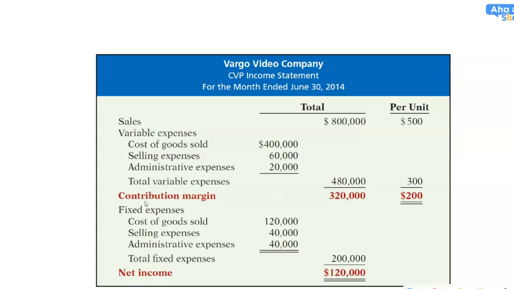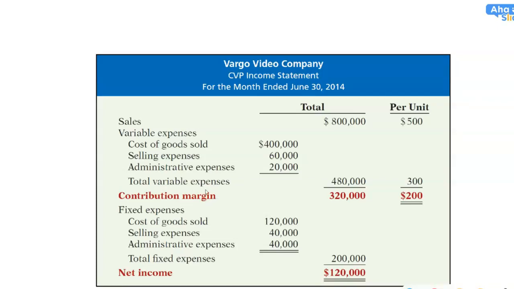What's that number? We call it contribution margin. Do not get confused. That's not gross margin. That's financial accounting. This term, contribution margin, is a management term. It's not a financial accounting term. You will never find it on financial statements.